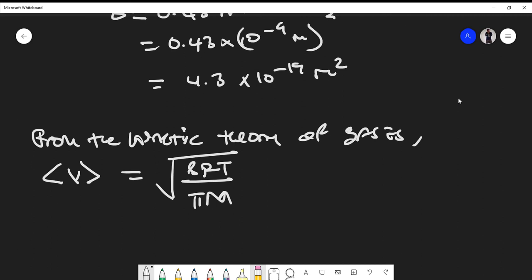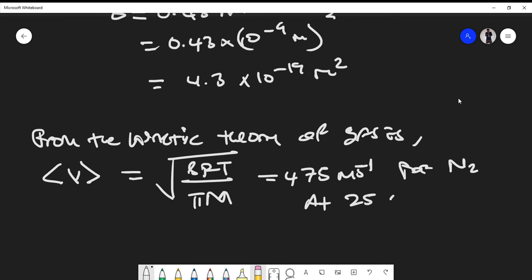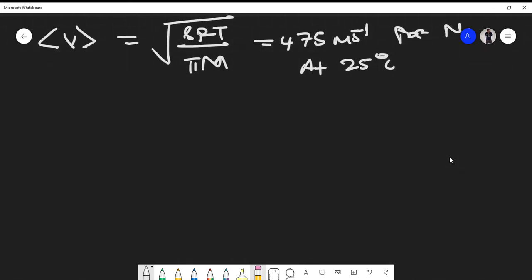If you do the math, this is equivalent to about 475 meters per second, and this is for nitrogen gas at room temperature. So if we know all those values, then we can get our numbers together.